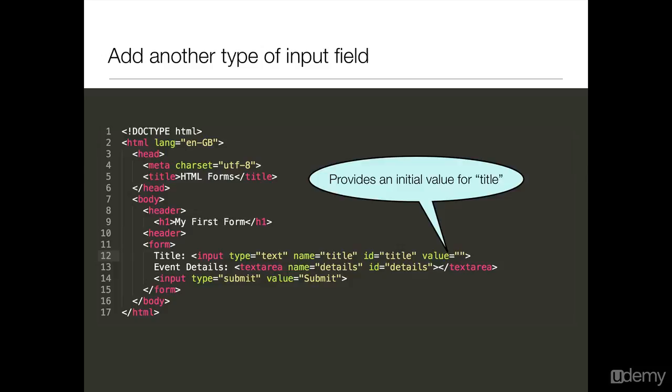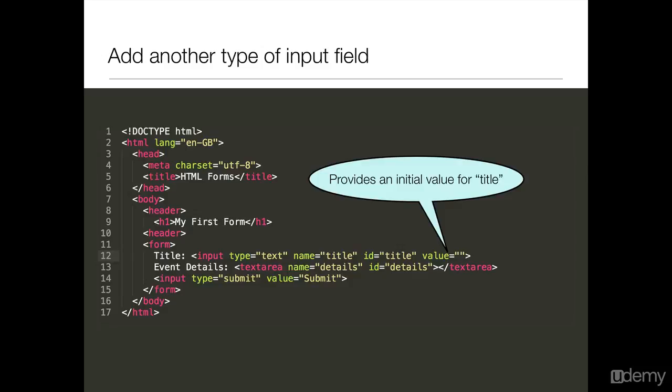What will happen now is that when data is entered into the text input field and the submit button is pressed, that short piece of text is going to be associated with the name title in the form that's submitted to the server side.